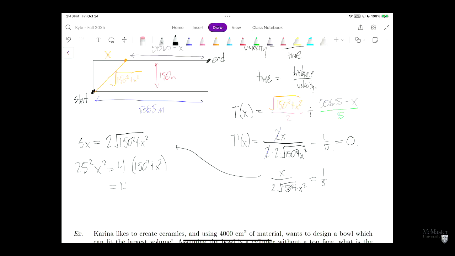So we can expand: 4 times 150 squared plus 4x squared. So 21x squared is 4 times 150 squared. So x is equal to the square root of 4 times 150 squared over 21.